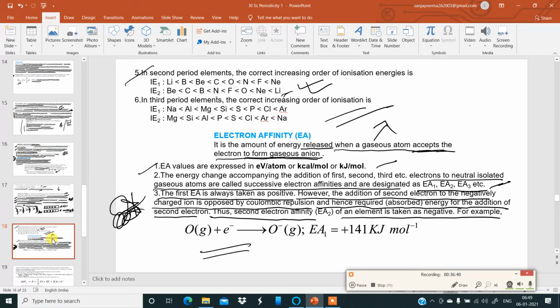Example: oxygen, if you add an electron, becomes O minus. Since this is O minus, it will create Coulombic repulsion to the incoming electron. EA1 is positive, but EA2 will have a negative value.